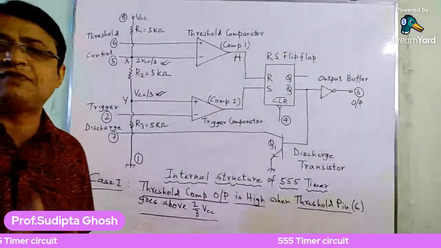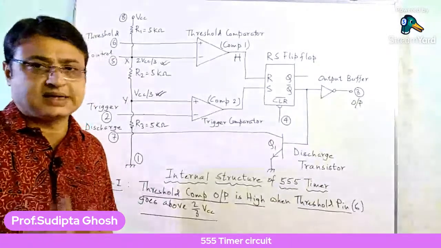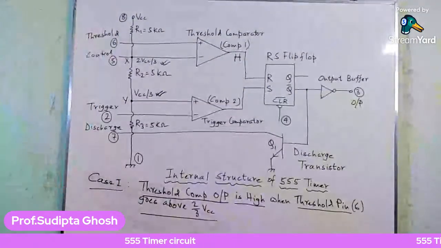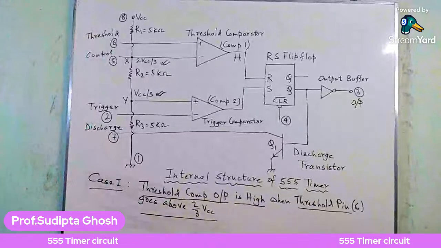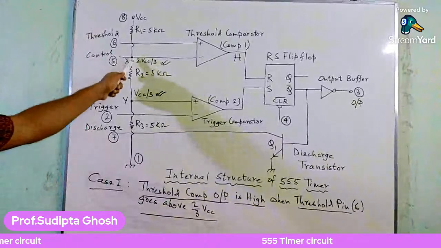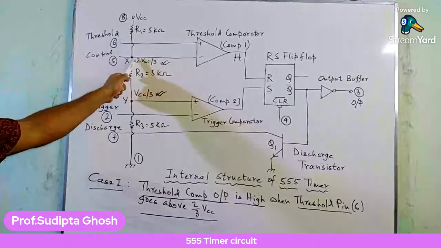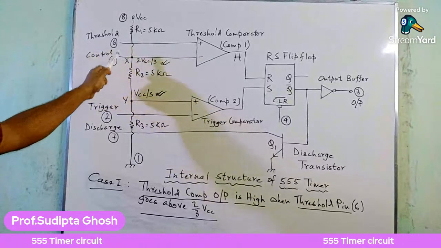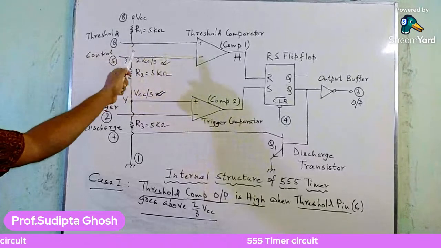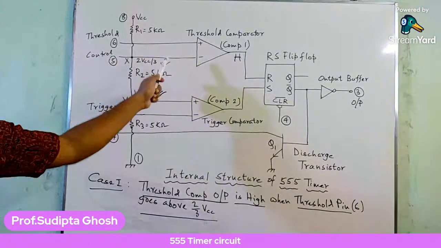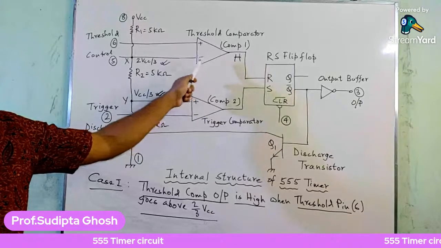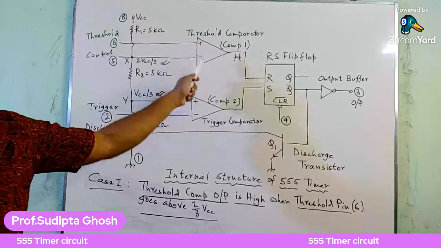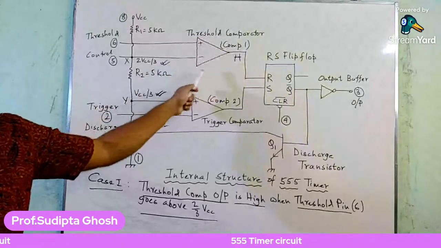Now why is this value of 2/3 VCC considered? Earlier I told you that the voltage appearing across the control terminal, or terminal 5, is actually 2/3 VCC, and this is nothing but the negative terminal input, or the inverting input, of this comparator.